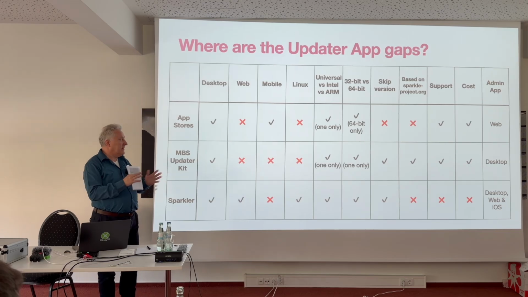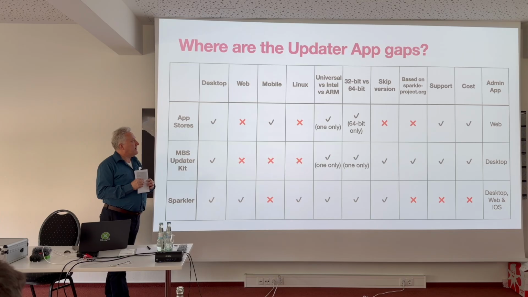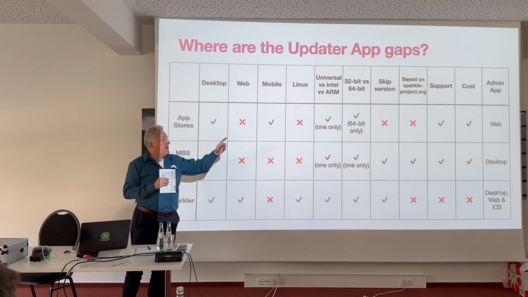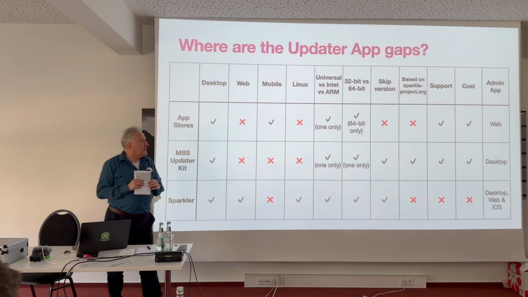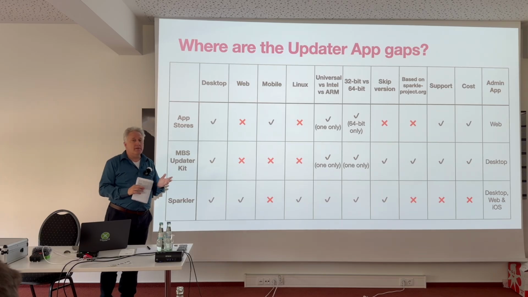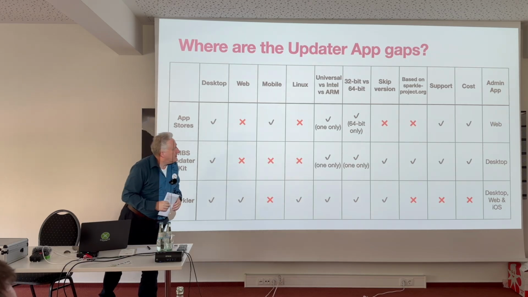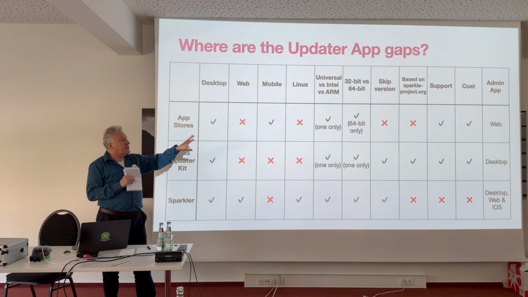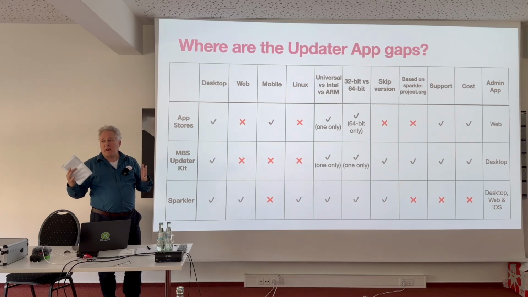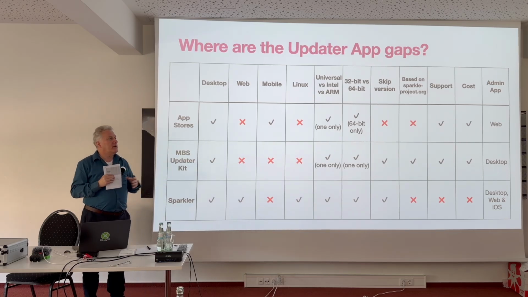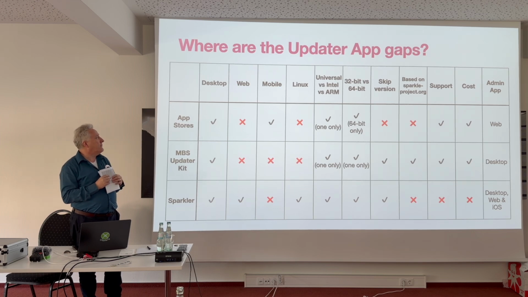If you say, automatically update all my apps, boom, it will download automatically for you. The app stores are not based on the Sparkle project technology, but what you do get at the other end is good support at a cost, and the administration is typically through a web application to say what you want to upload your new version.